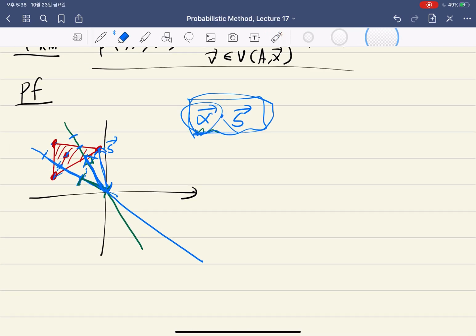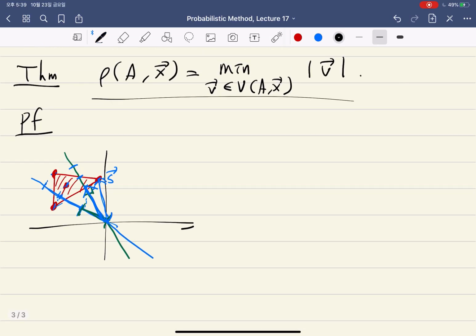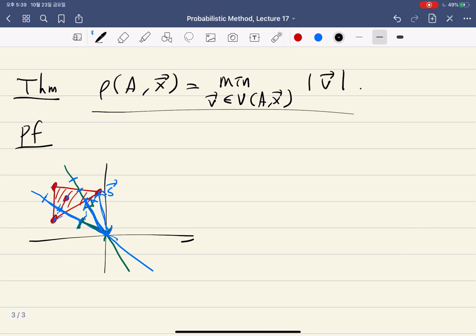And now we have to make this more rigorous. So let's say there is this V in this V, achieving the minimum.